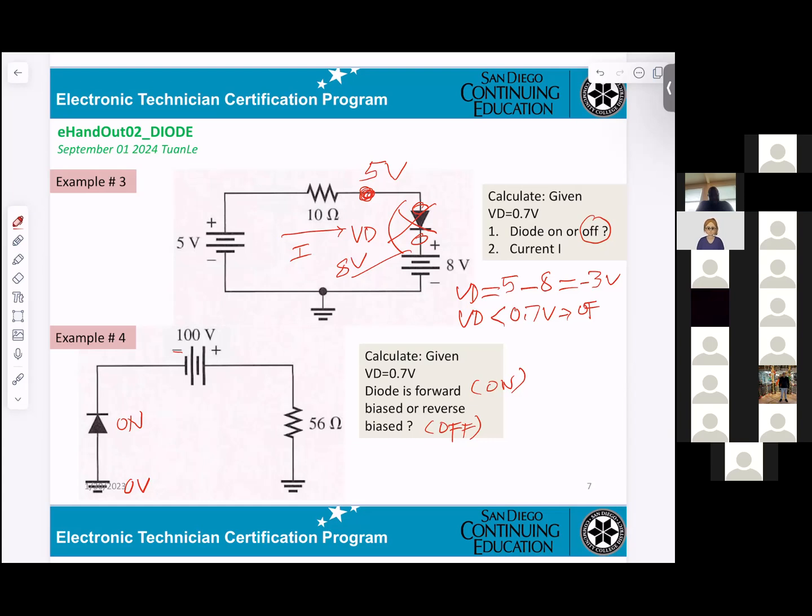Second thing, if it's on, substitute the diode by the battery of 0.7 volt, then you can solve the problem. If it's off, substitute the diode by the open circuit. That's a very, very basic thing. Okay, up to this point, any questions?